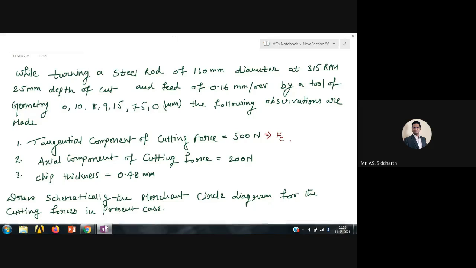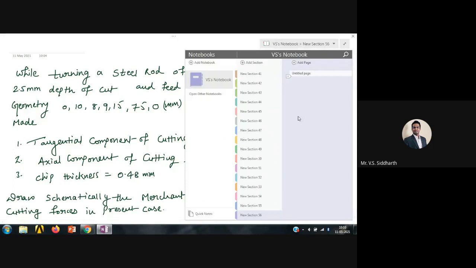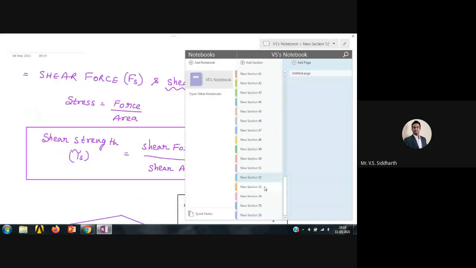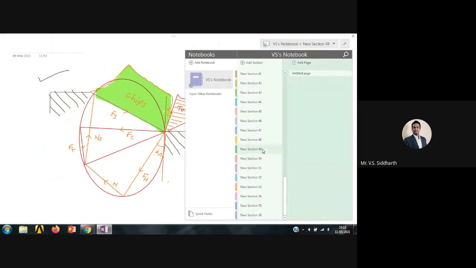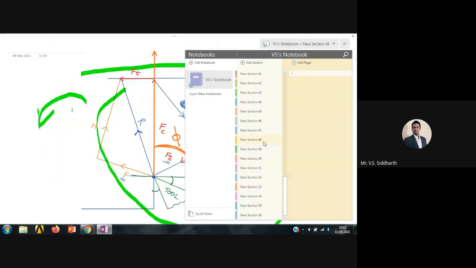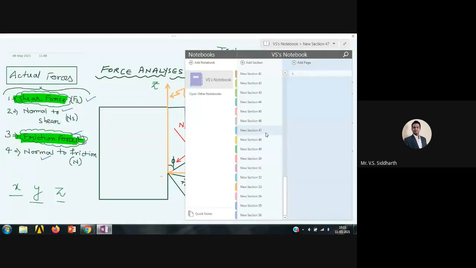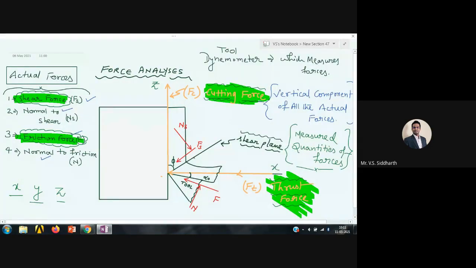Because you see in the diagrams that we have drawn earlier, the cutting force is always tangential to the workpiece.